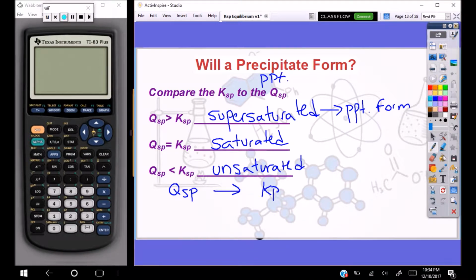We can actually make an arrow out of it to make more precipitate. If we are unsaturated, so Q less than KSP, sorry, my bad, that's a typo, we'll shift the other direction, okay? So keep that in mind.